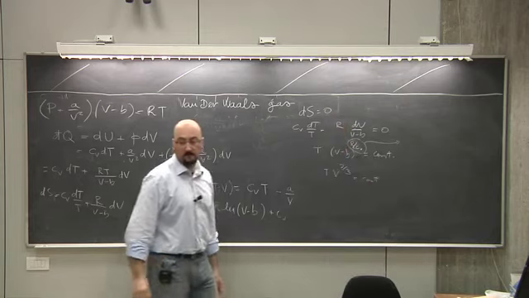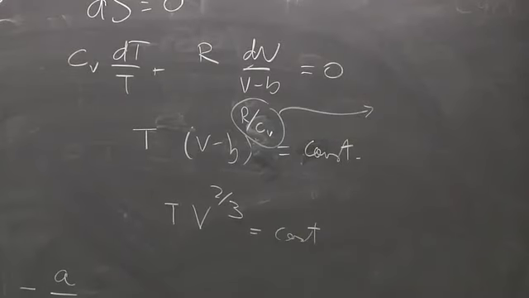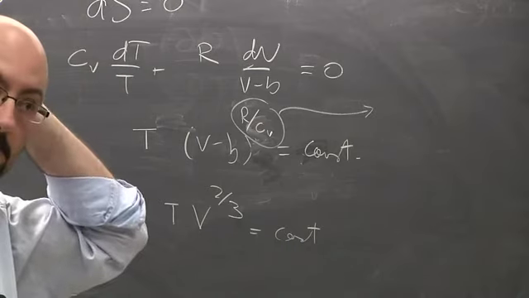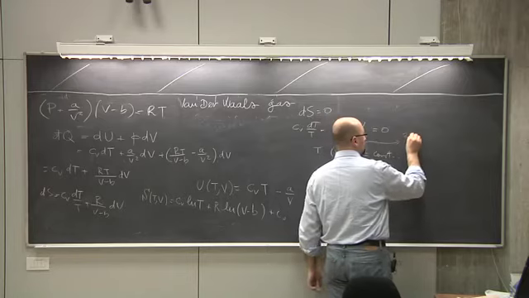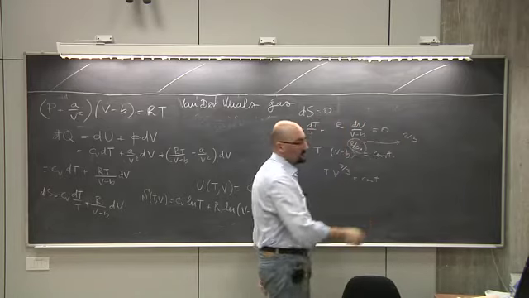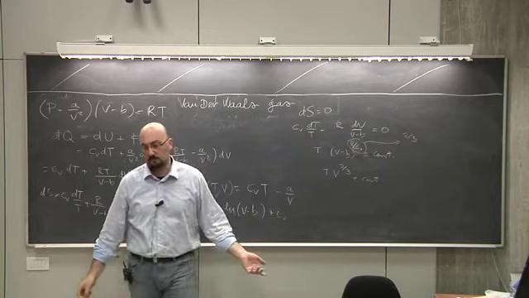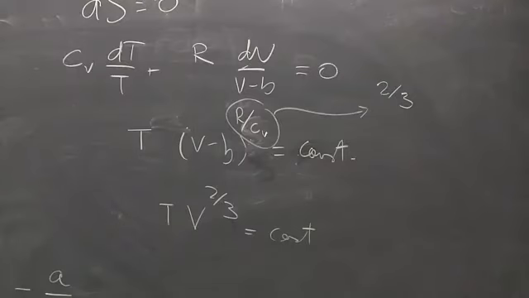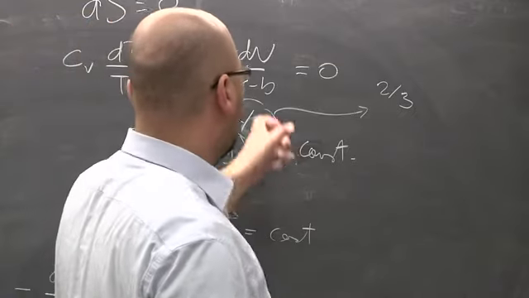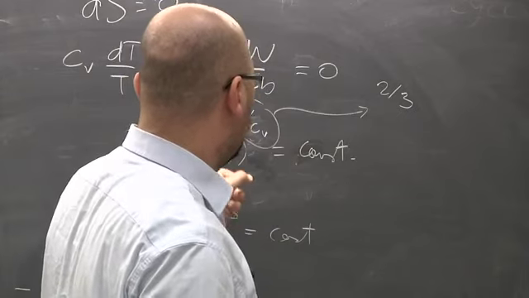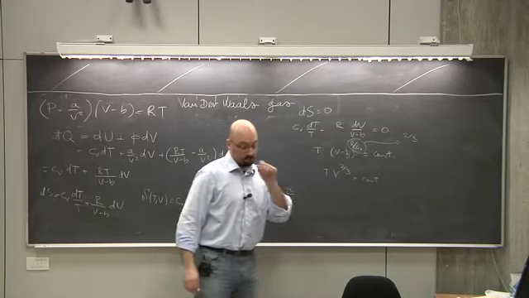Monoatomic and so on. So if this is equal to 2/3, this depends on the specific heat of the gas, which we don't know because it's not defined by thermodynamics up to this point. Then we get the same equation. Instead of having V, we have V minus B.